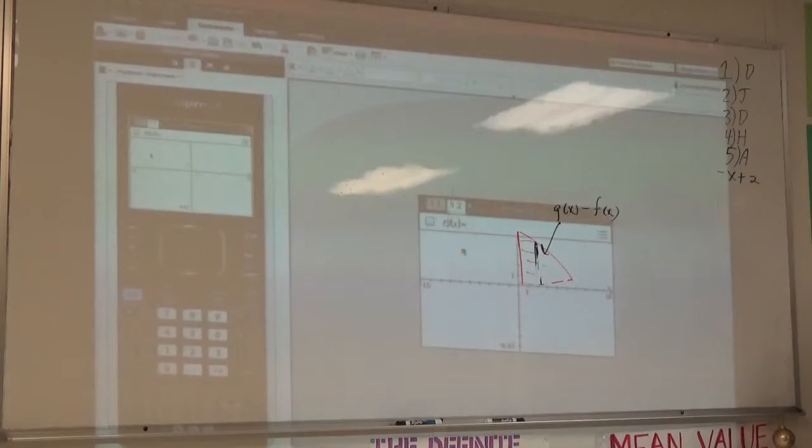Determine the total area bounded by the curves f of x equals that from 1 to 4.